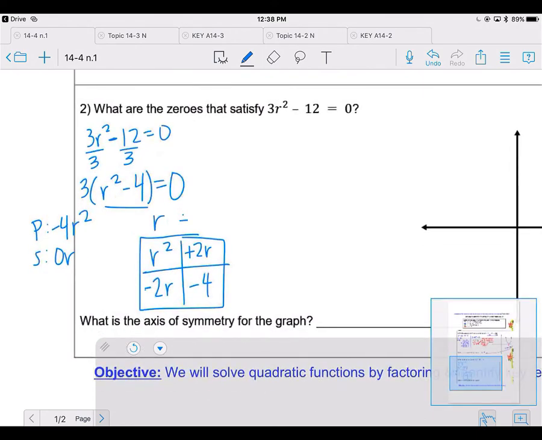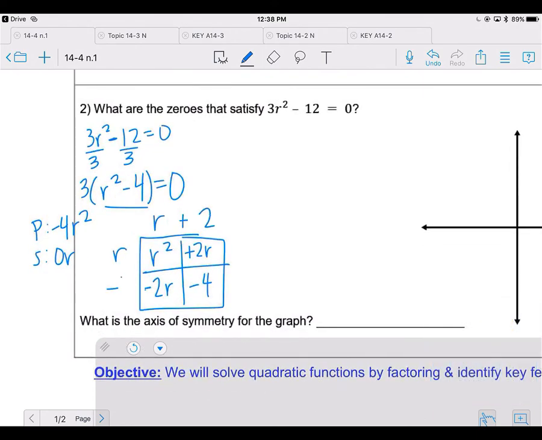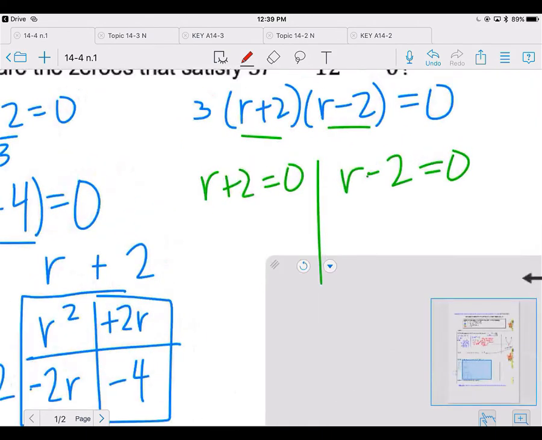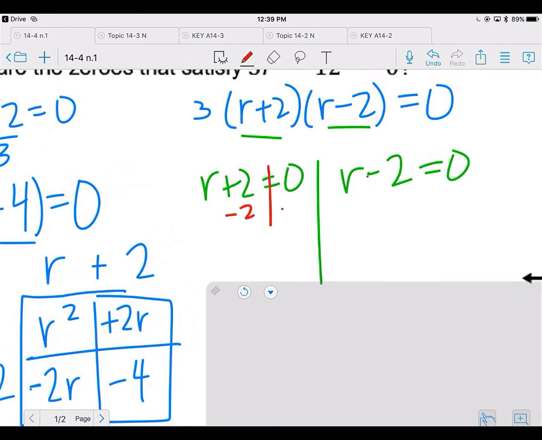From here I factor out my GCF and I have my two factors. So r plus 2, r minus 2, and my GCF of 3 from the beginning. I then take each factor that contains the letter r and set those equal to 0 and solve each one separately. So r plus 2 equals 0.